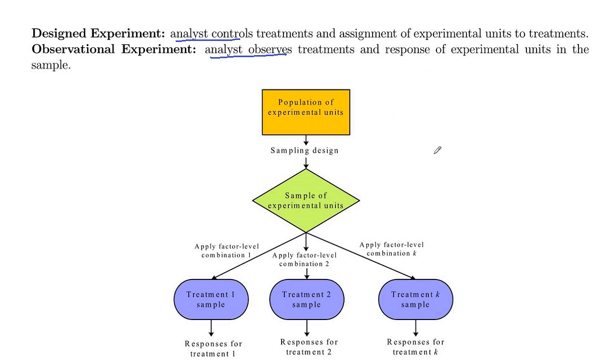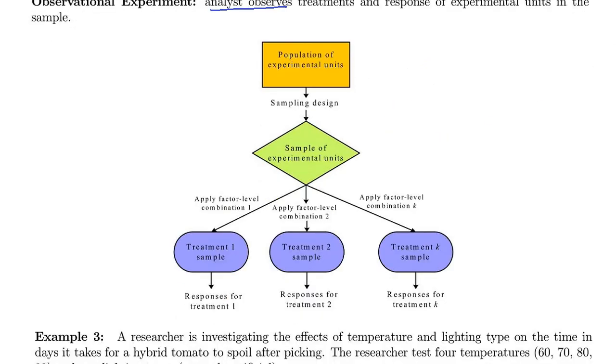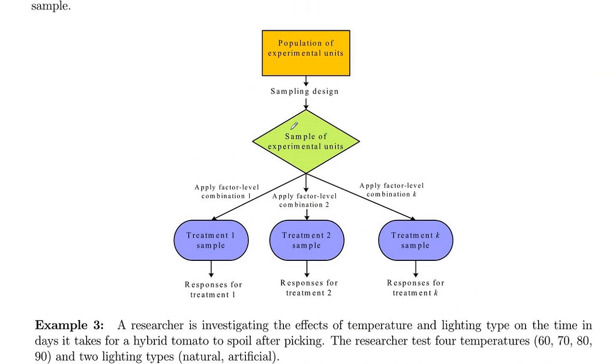So here's a diagram of how you would do a designed experiment. You've got your population of experimental units, and then you decide on a sampling design. You are going to take a sample of your experimental units, and then if it's a designed experiment, you apply the first factor level combination.